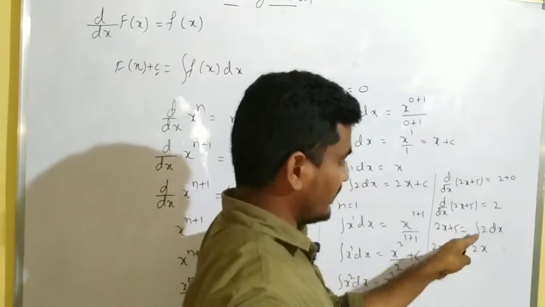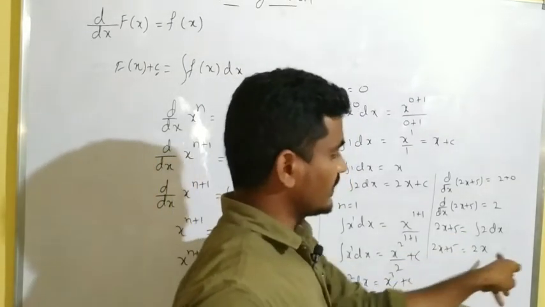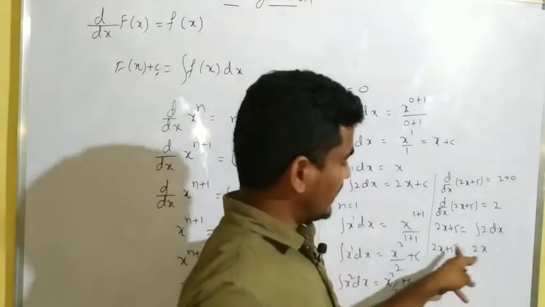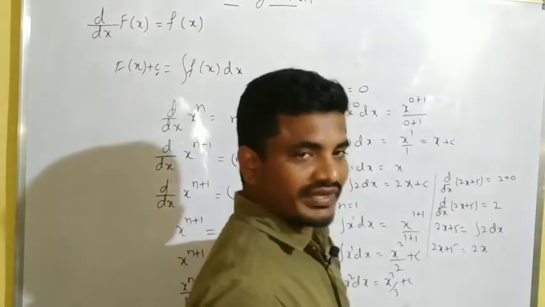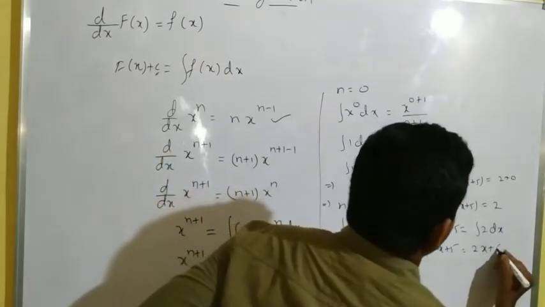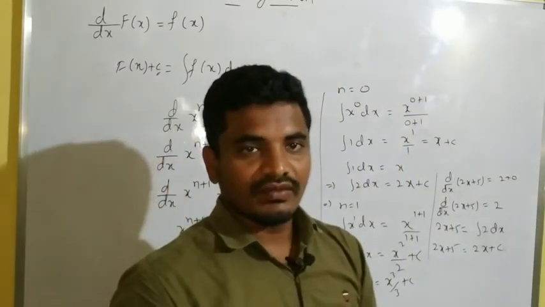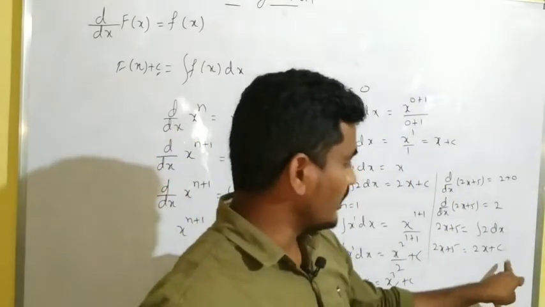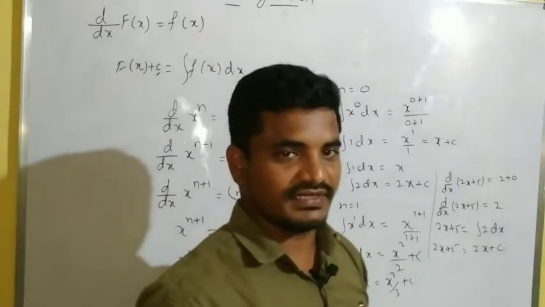In place of 5, if there is 7, we have to get 7. If there is 8, we have to get 8. If there is 9, we have to get 9. So this c is an arbitrary constant, that's why I am taking c. When you do any integration for any function, we get the answer with plus c. I think you got why we have to take c.